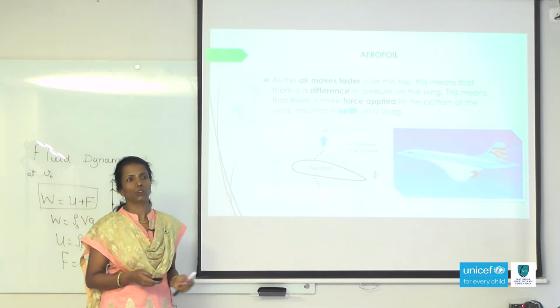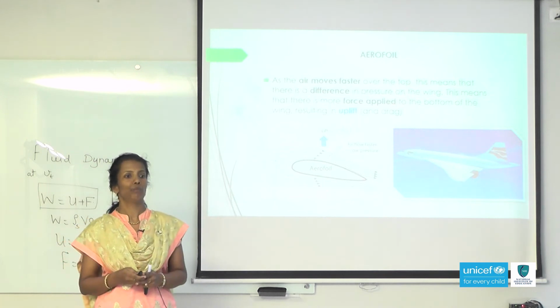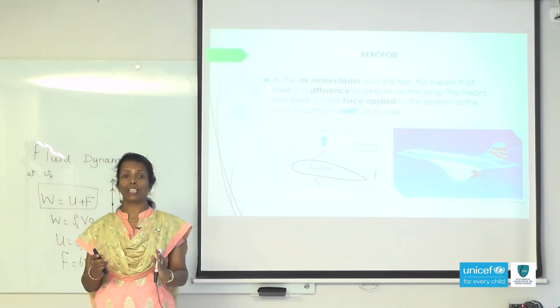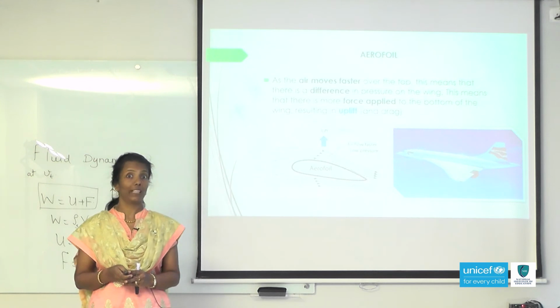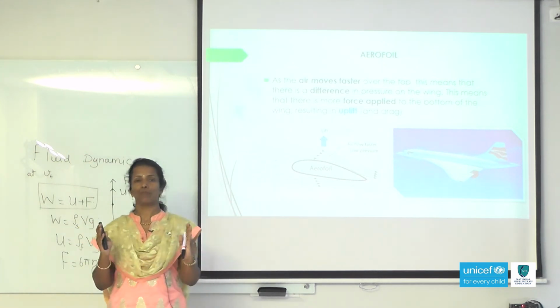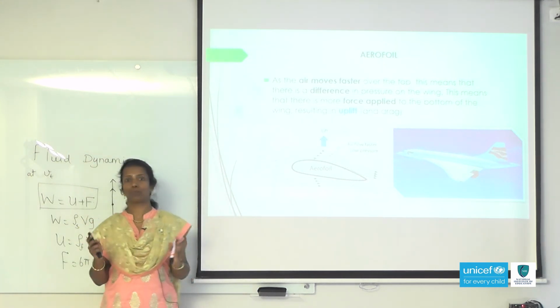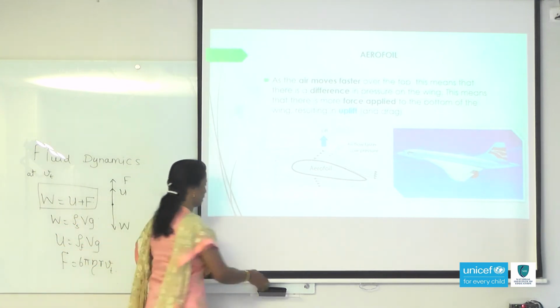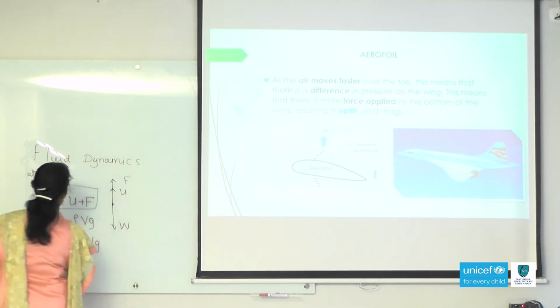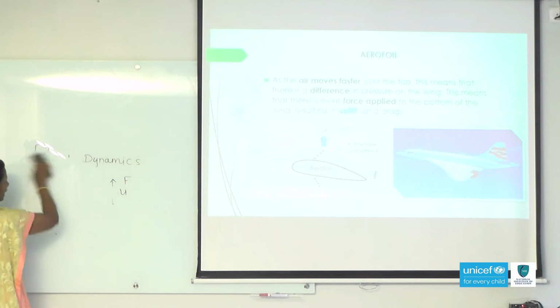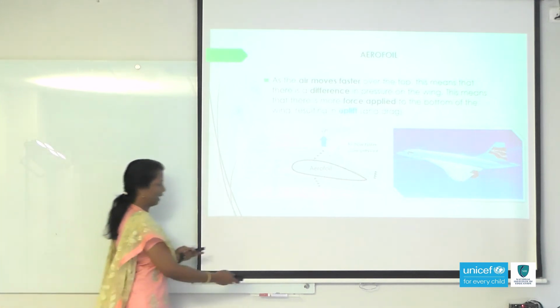In addition to this, you will actually get many numerical questions related to fluid dynamics. One of the important calculations is to calculate the upthrust. Here I want to insist on one important point. We are asked to show that upthrust is equal to some value.